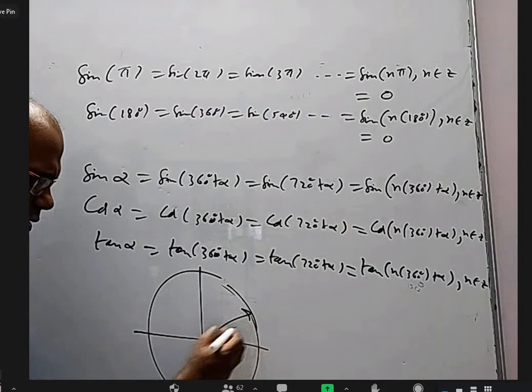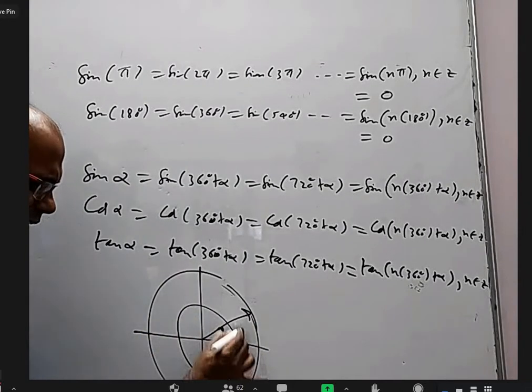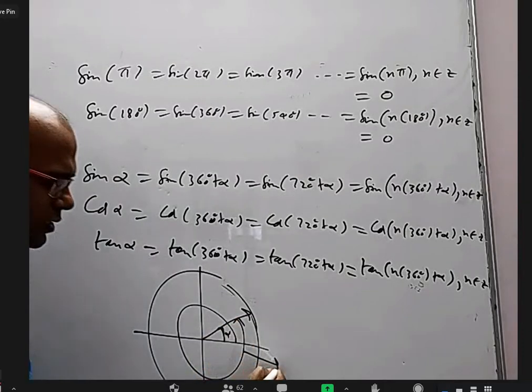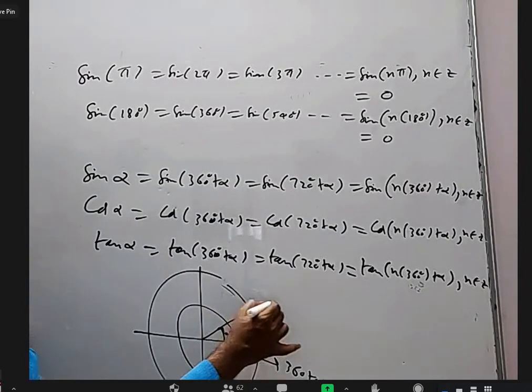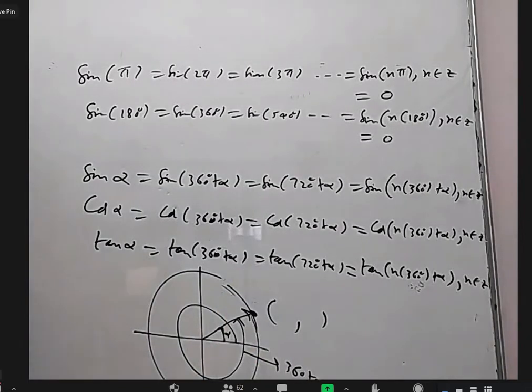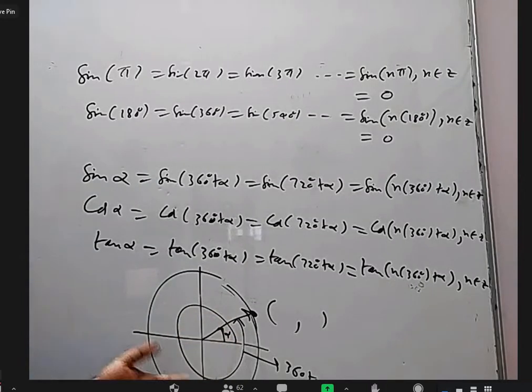You just write this angle is alpha, and write one more angle like this as 360 plus alpha. That is sufficient, nothing else. Whether you turn alpha or one full rotation and one alpha, it is the same.